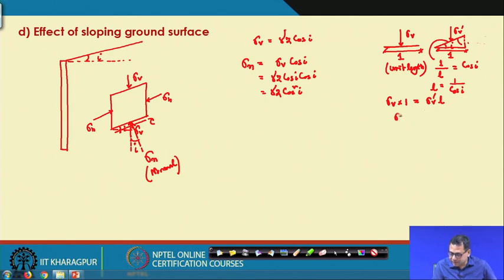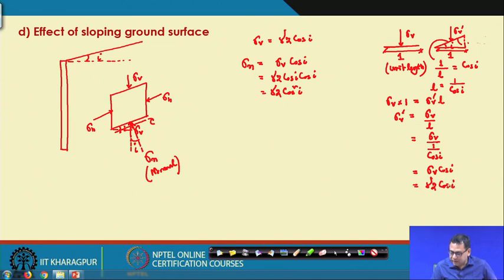So I can write sigma v dash is equal to sigma v divided by L, which is sigma v times 1 by cos i. That is equal to sigma v cos i, and sigma v is equal to gamma z.